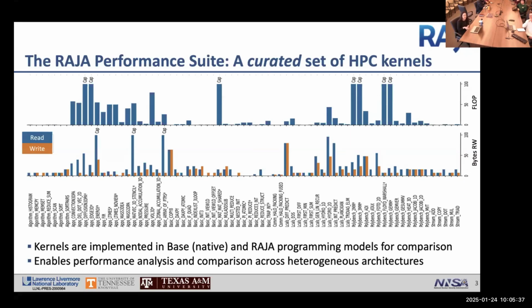We have all of these kernels implemented, that you'll see a lot of on the x-axis there, but all of those are the many different RAJAPerf kernels, and they are implemented in both the native or base implementation with CUDA or HIP, and then also the RAJA programming model version. So this allows us to compare and contrast the performance for each of these. And then we can also gather certain metrics natively to understand how those kernels are performing when we run them elsewhere.